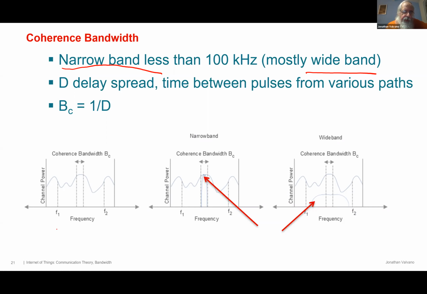The range of frequencies it is going to deal with is very small compared to the coherence bandwidth. You see, here's another bandwidth. The coherence bandwidth, this thing here, is 1 over the delay spread.